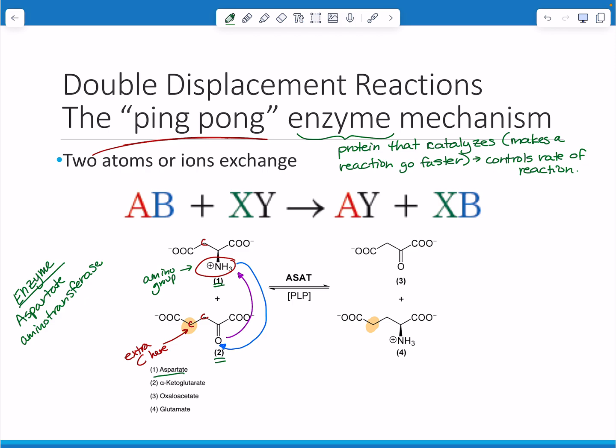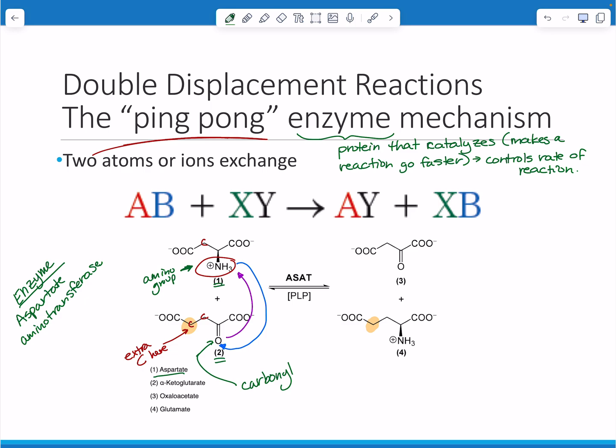This is called an amino group, and this group right here is called a carbonyl. These are just names for chemical groups that we use in organic chemistry. So we're swapping the amino from the carbonyl, using this protein to help these two reactants form this product.